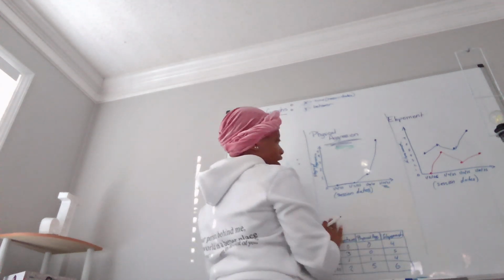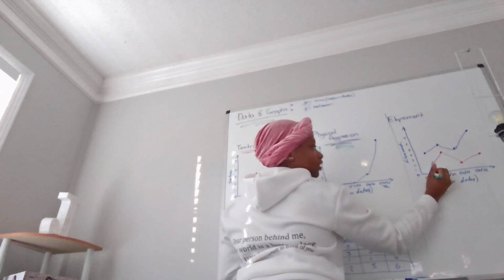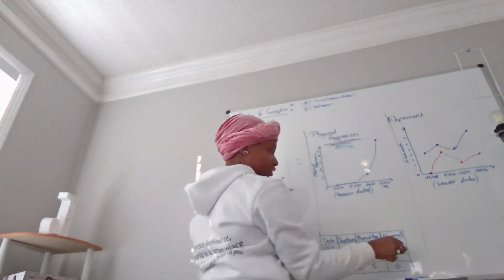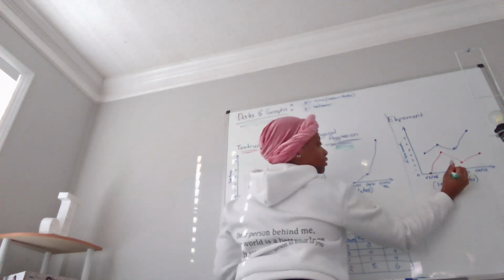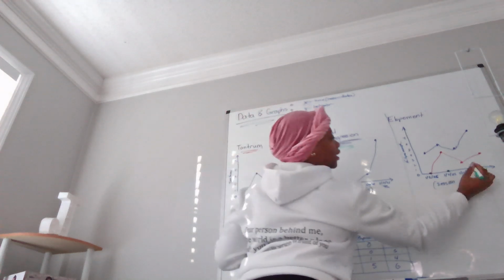And then for physical aggression, we're going to use green. So on the 5th, we had 0. So that's going to be pink and green. On the 7th, we have 0 as well. Green right there. And then on the 16th, we have 1.